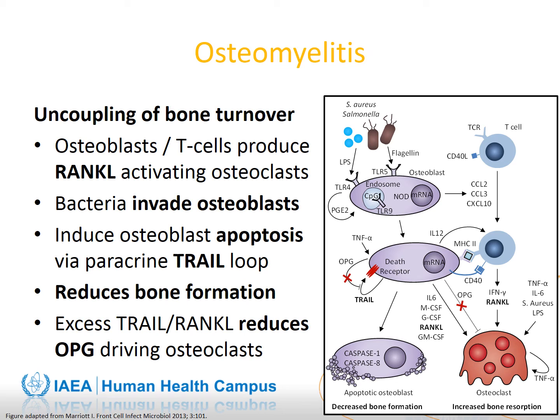In addition, MCSF and RANKL secretion is upregulated in both osteoblasts and activated T cells, effectively releasing control of osteoclast activity, resulting in bone resorption.